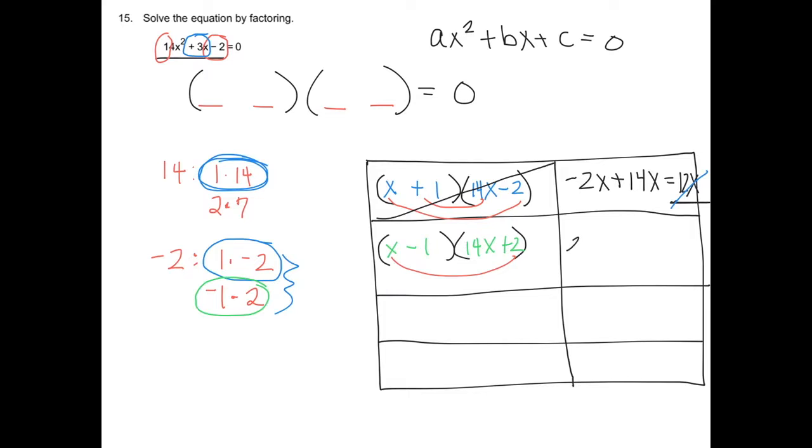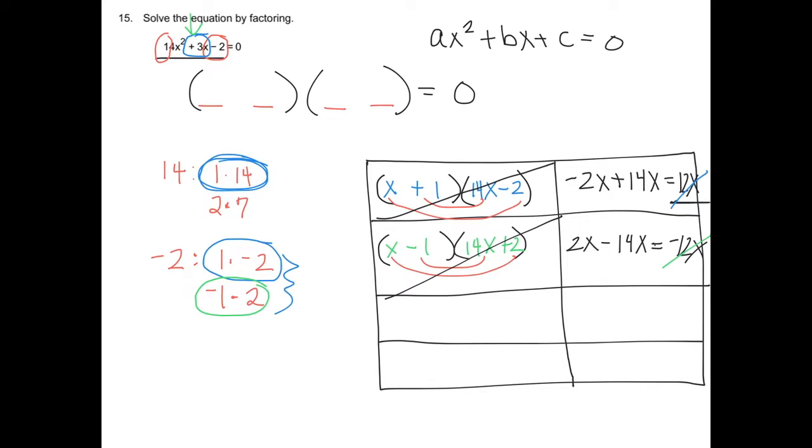That will give me a 2x. And the inner terms together. That gives me a negative 14x. 2x minus 14x is a negative 12x. Negative 12x does not equal the middle term of positive 3x. So that combination will not work.